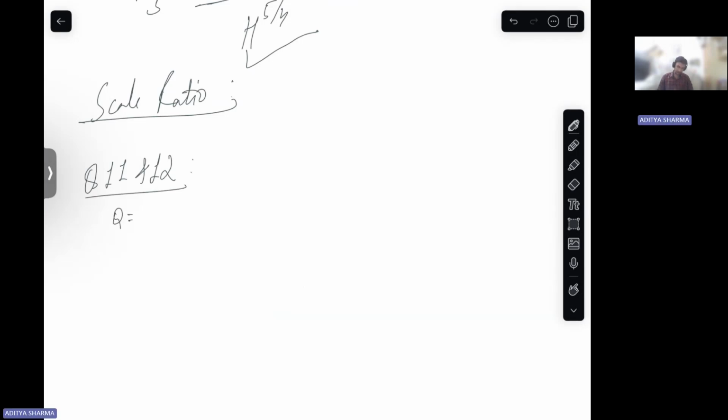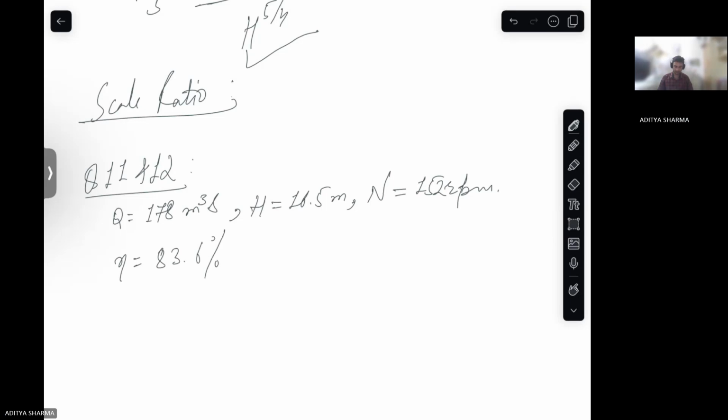Discharge is given as 178 meter cube per second. Head is given as 16.5 meter. RPM is given as 52. Efficiency is given as this. Density is given as this. And acceleration due to gravity is given as this.